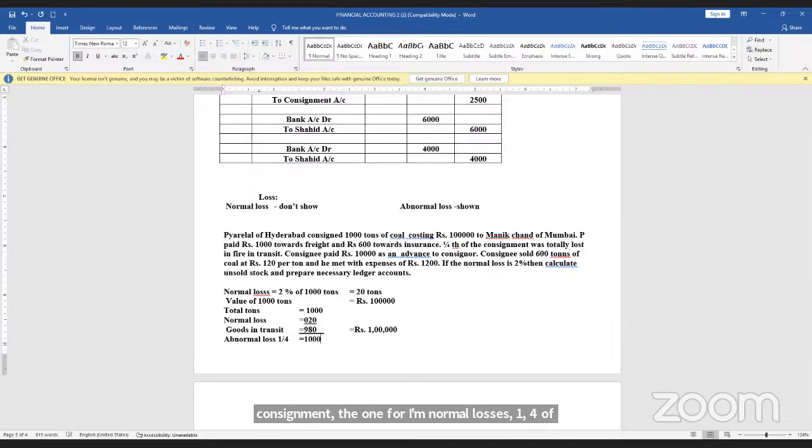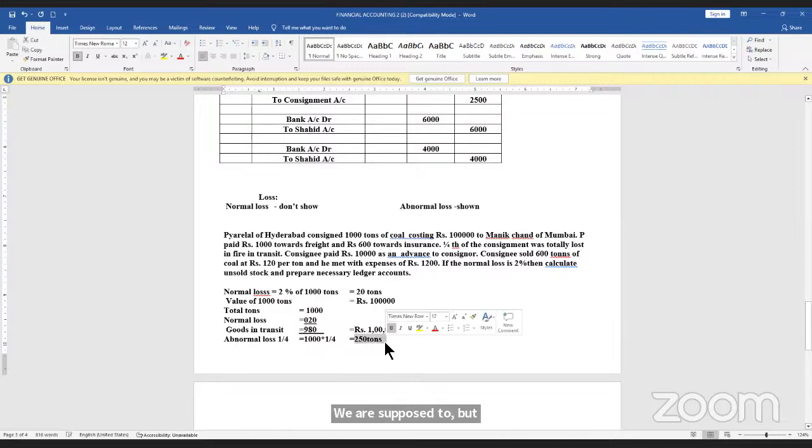So 1,000 into 1/4, you'll get 250. That is going to be the abnormal loss. This abnormal loss of 250 is to be valued.